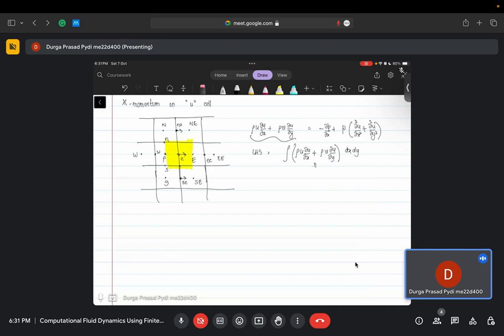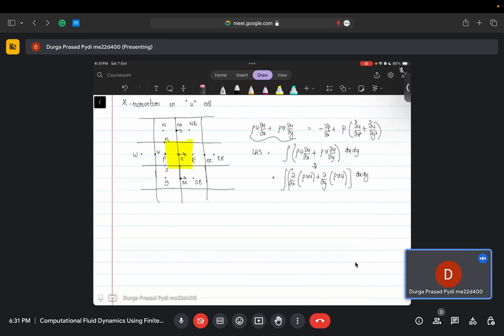So if I write, this can be written as, if rho is constant, so you can just take that out, or it is anyway constant, so you can write this as del x of rho u u plus del y of rho v u. So we'll be able to write it in this way.